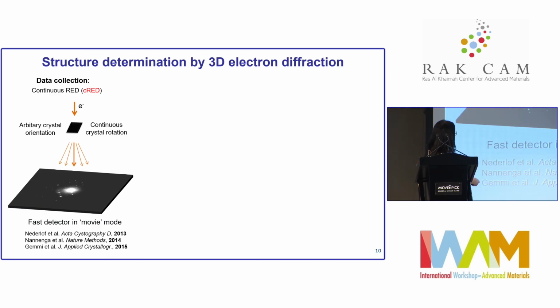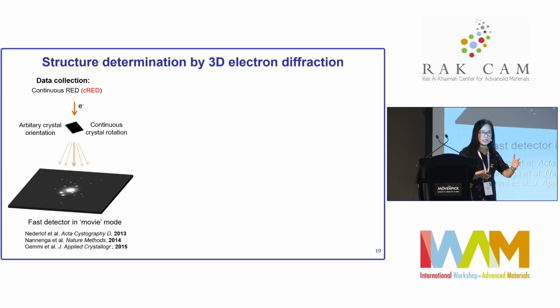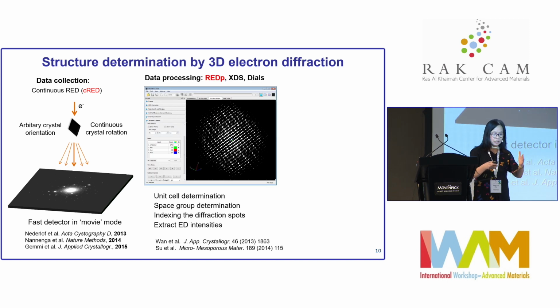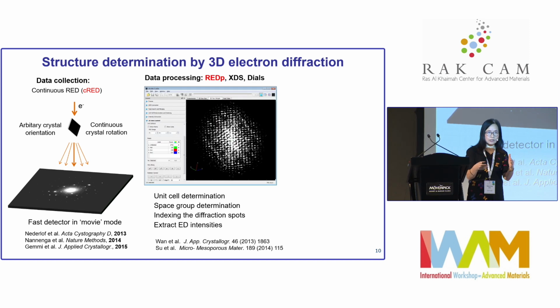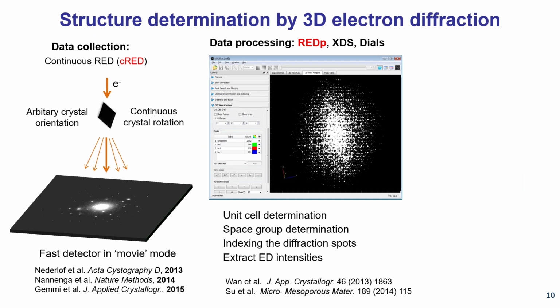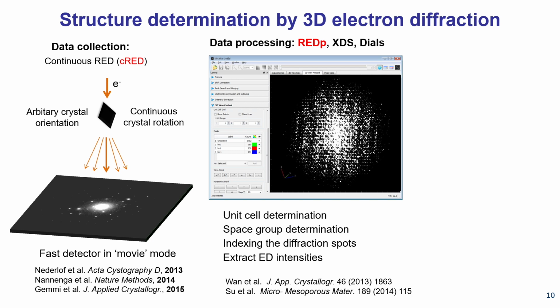You see here, the data is collected. The crystal is continuously tilted, and you have a very fast camera. You collect the diffraction patterns at different orientations as a movie. When you collect the data, you combine it in the software and you can get the 3D electron diffraction information.